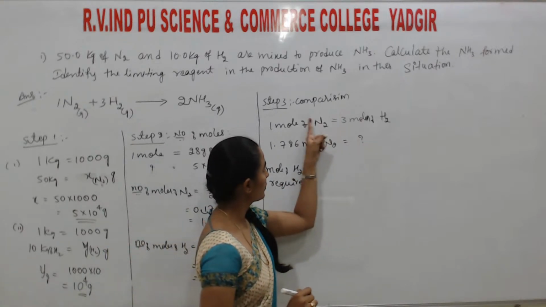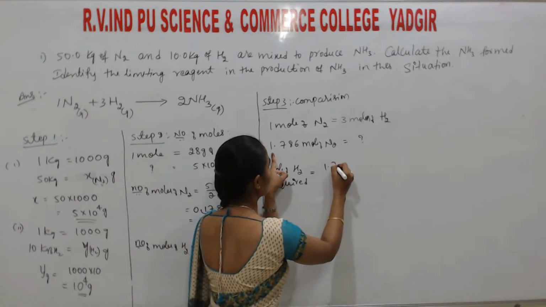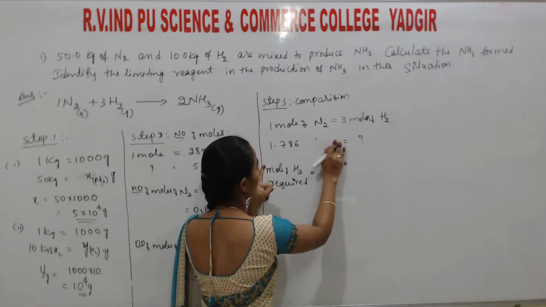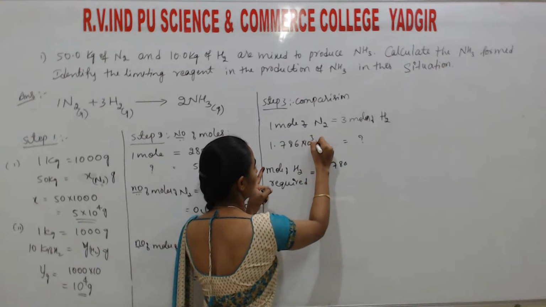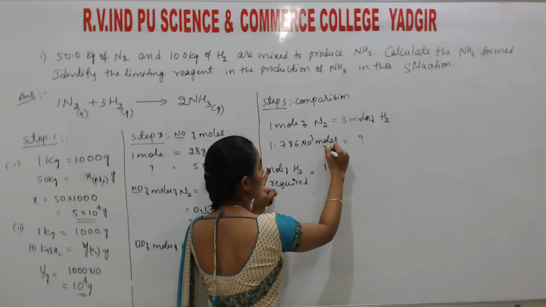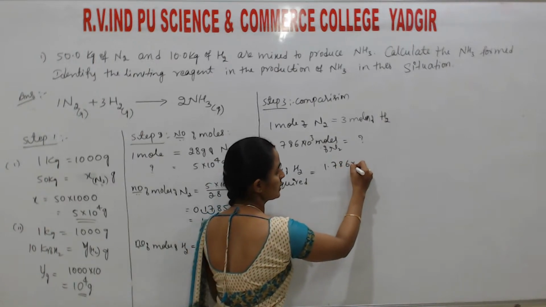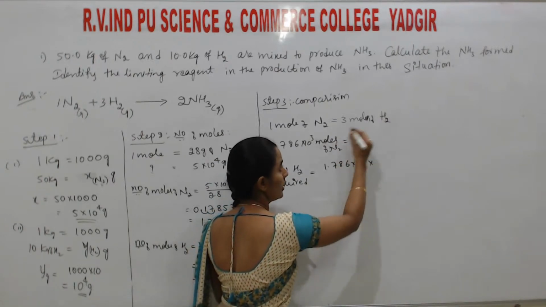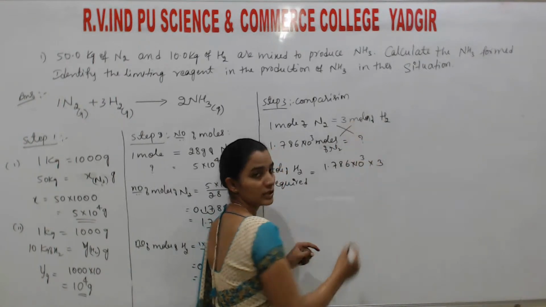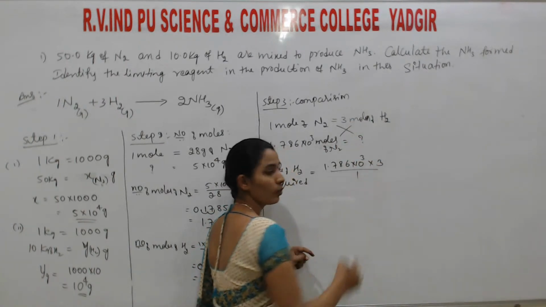okay, if you cross multiply, what you will get? 1.786, sorry, here 10 power 3 is there. Okay, 1.786 into 10 to the power 3 into 3, you know, cross multiplication, divided by 1.